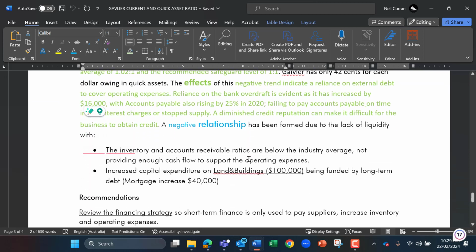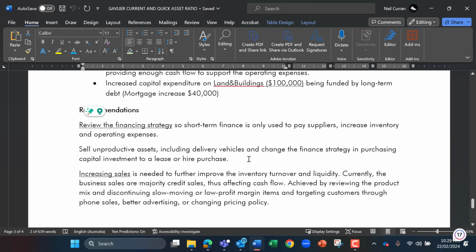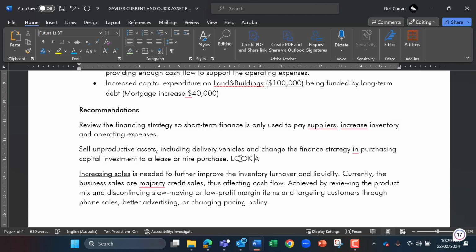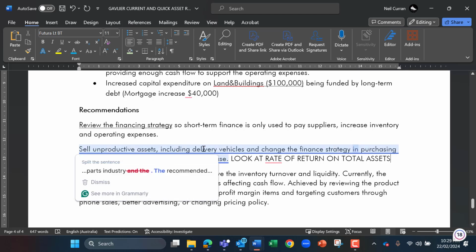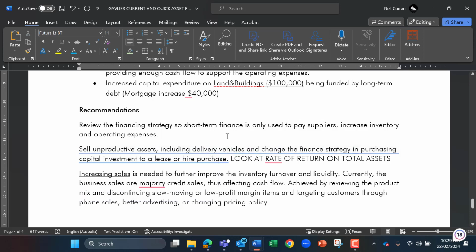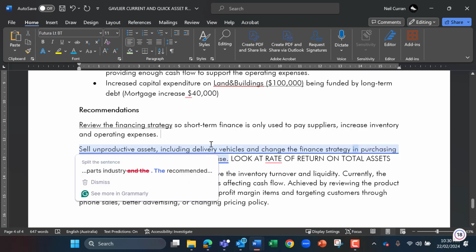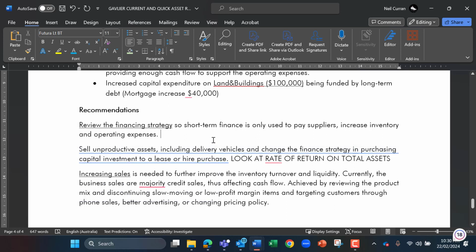And in order to do that, you would be looking at your rate of return on total assets. And if that is going down, then we need to sell unproductive assets. Okay, so mention the assets which you're looking at selling. And with vehicles, for example, we can actually lease them or hire purchase, which basically means that we don't have to purchase them outright, which will improve our cash flow.